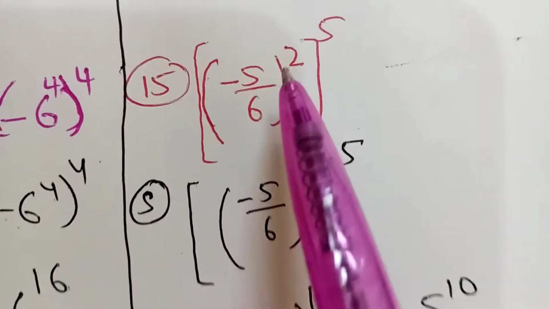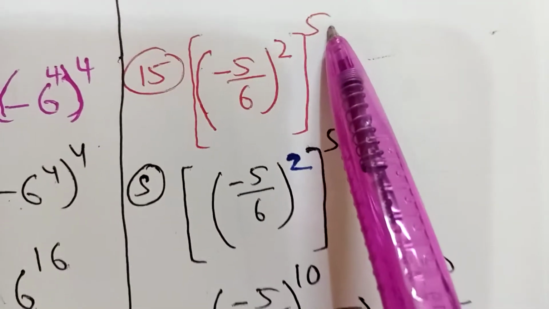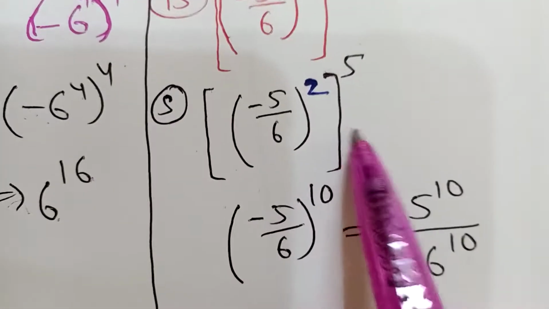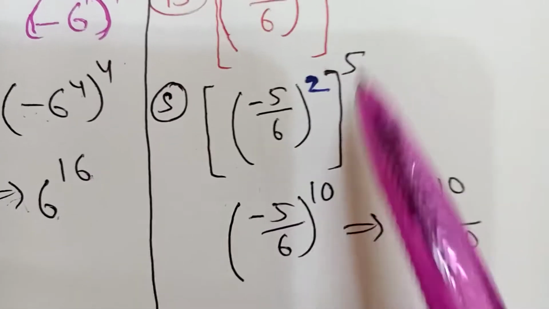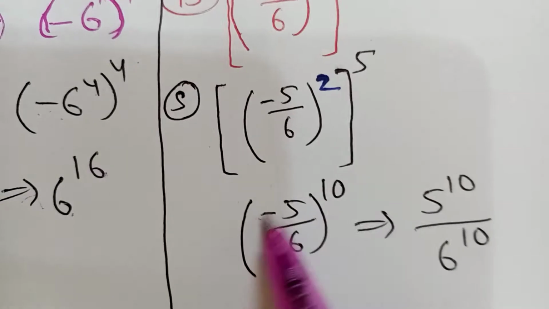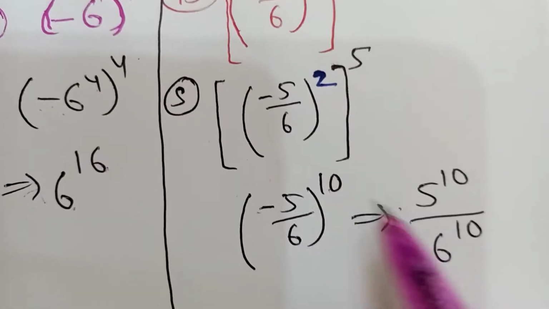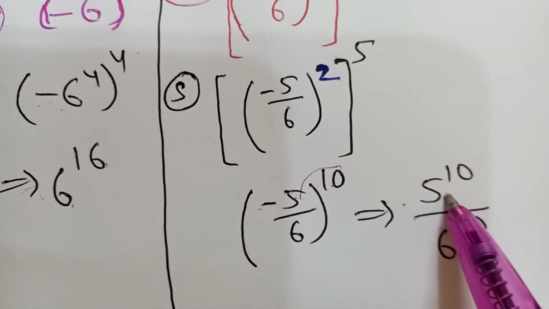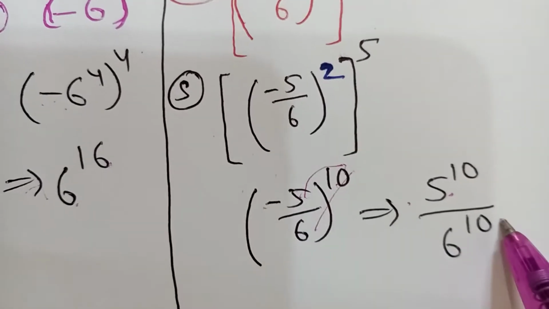Next, ((5/6)^2)^5. So 2 5s are 10. So (5/6)^10, which is 5^10 by 6^10.